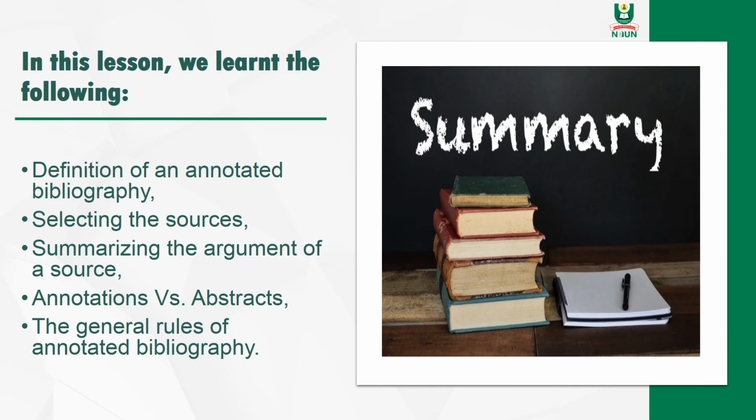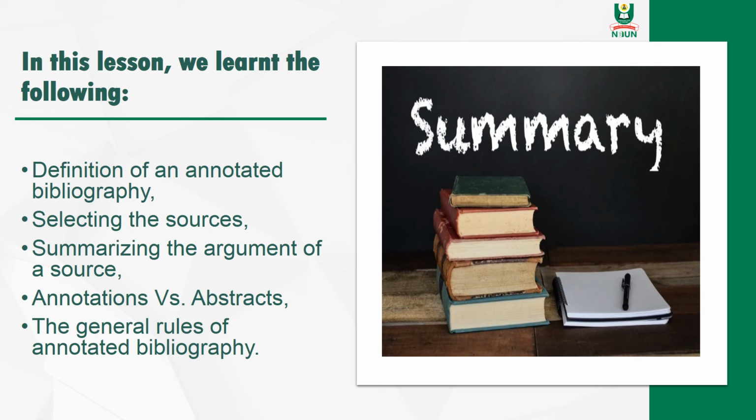Well, for today's lesson, we have learnt the following: the definition of an annotated bibliography, which we said is a list of citations to books, documents, and articles. We also said each of the citations is usually followed by a brief description and evaluation.